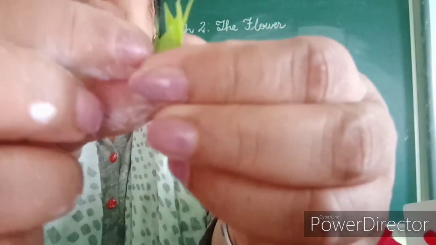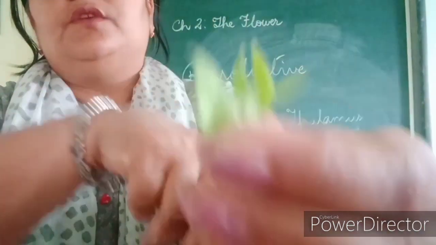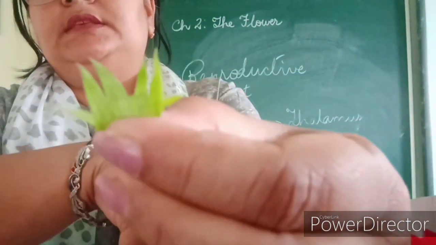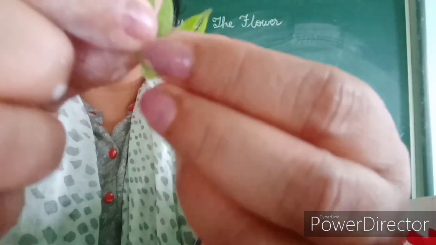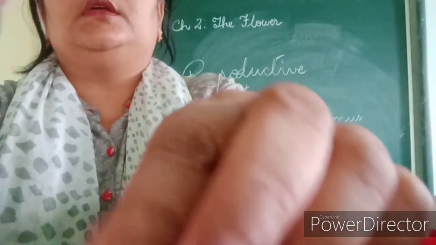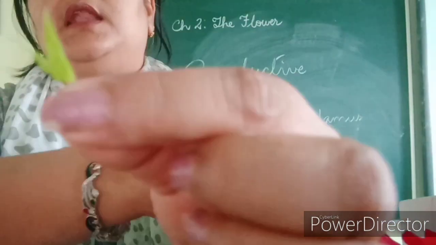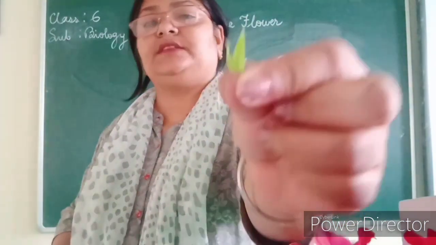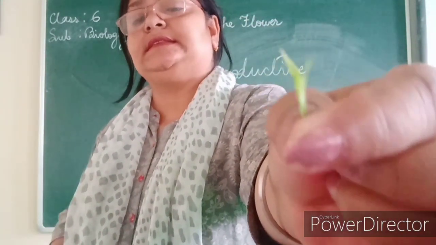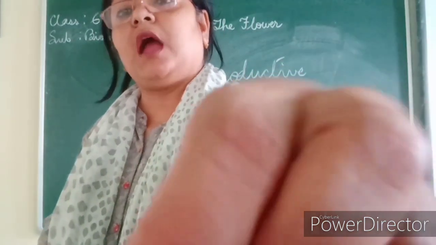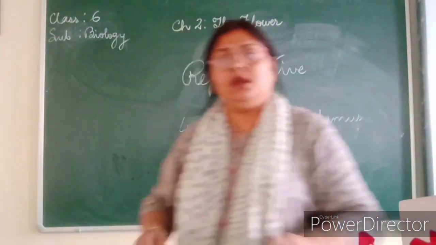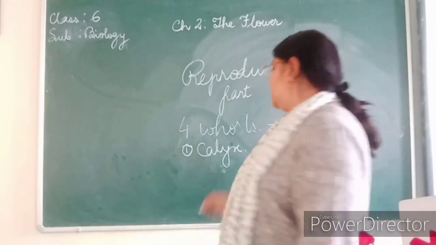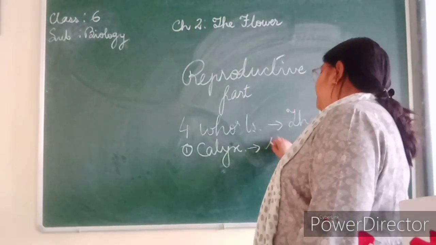Now the calyx is made up of leaf-like structures, which are called sepals. If I take out one member of the calyx, you will see they are leaf-like structures. So the calyx is made up of leaf-like structures called the sepals. This is the outermost whorl of a flower.